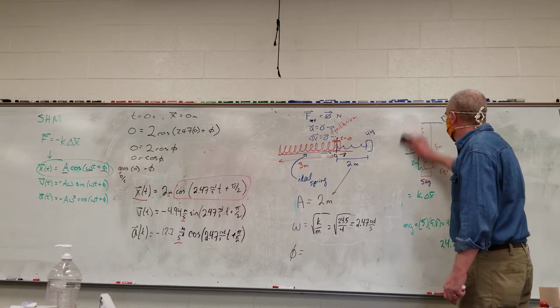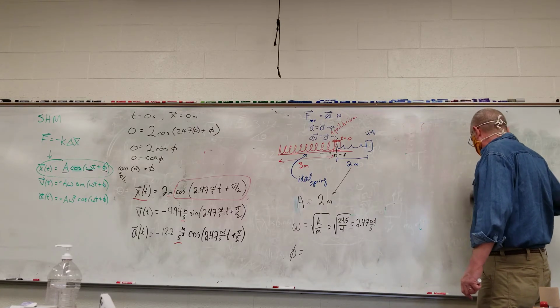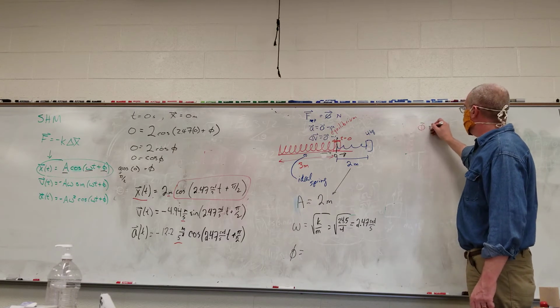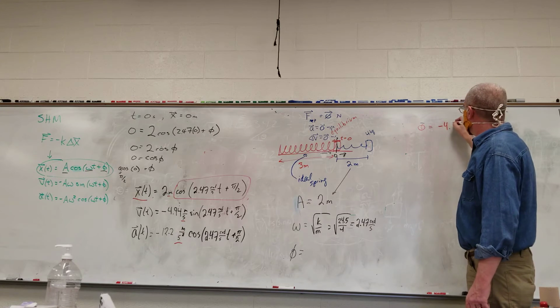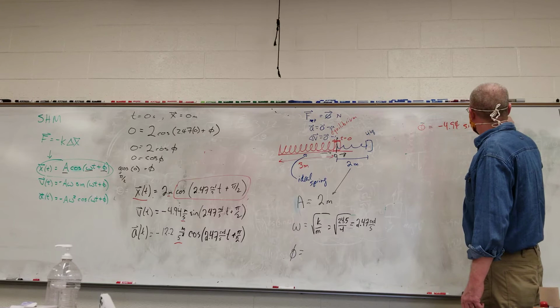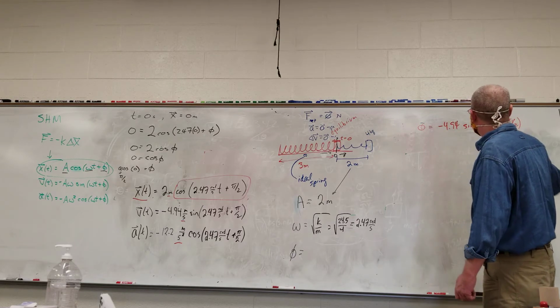From the middle equation, 0 equals negative 4.94 times the sine of 2.47t plus pi over 2.